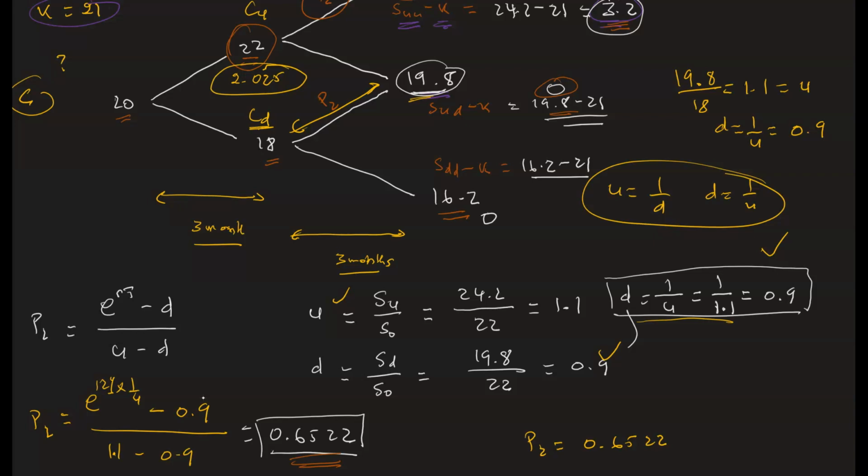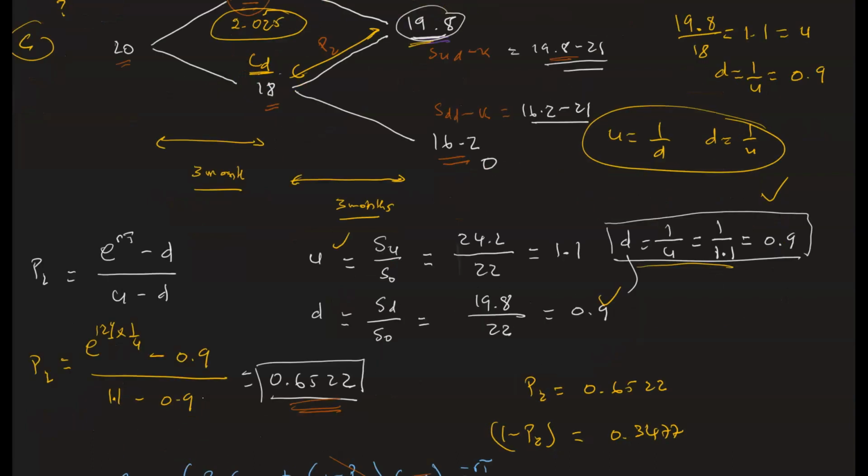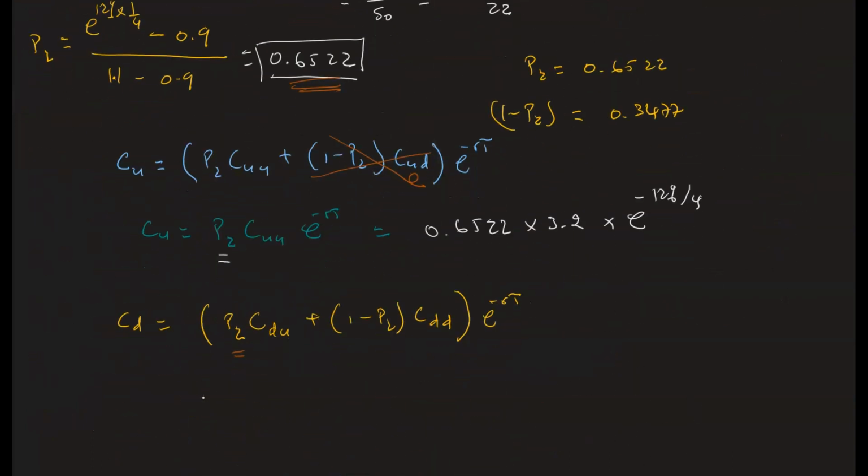So call down up is going to be 0, and call down down is going to be 0, which means that call down is going to be equal to P2 multiplied by 0 plus 1 minus P2 multiplied by 0, present value. So call down is going to be equal to 0.